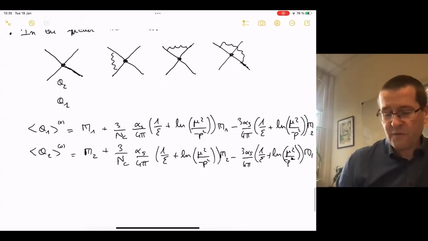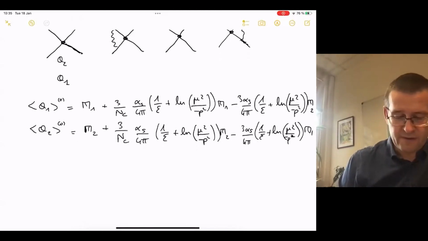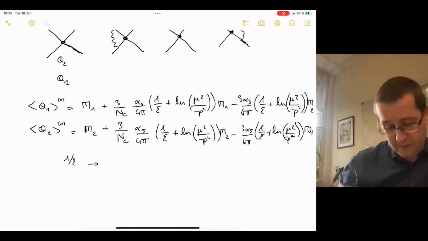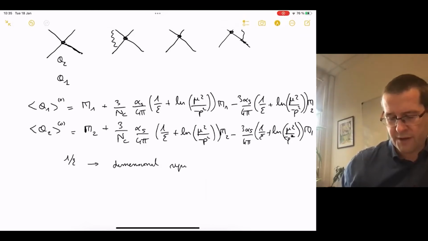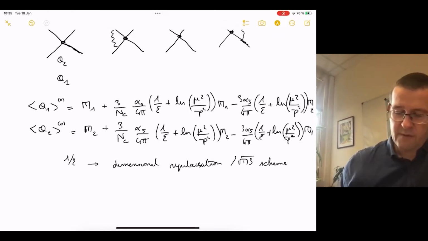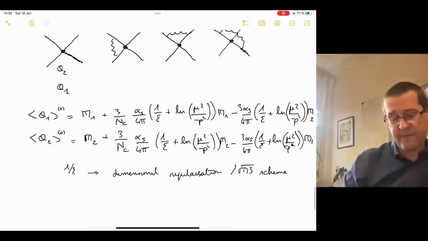Something I've not discussed for the moment: here you see that you've got this 1 over epsilon. That's because all the expressions I've just written correspond to expressions computed in dimensional regularization, typically using the MS bar scheme in order to get rid of divergences.